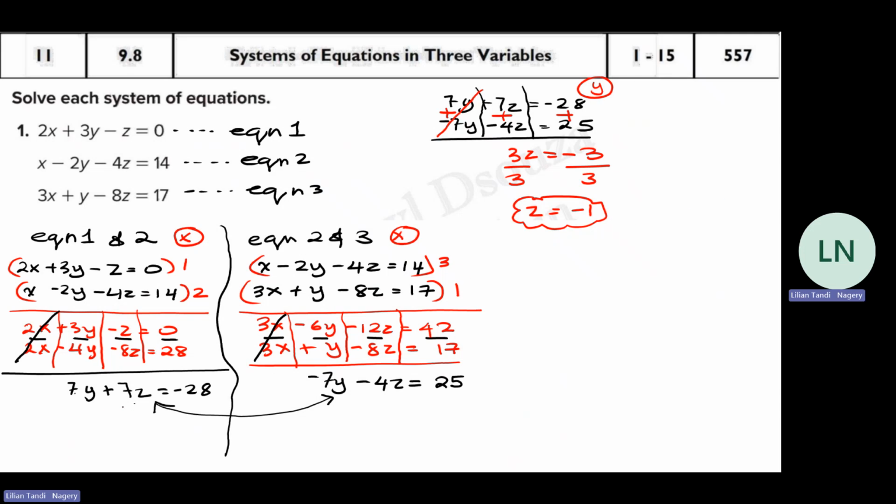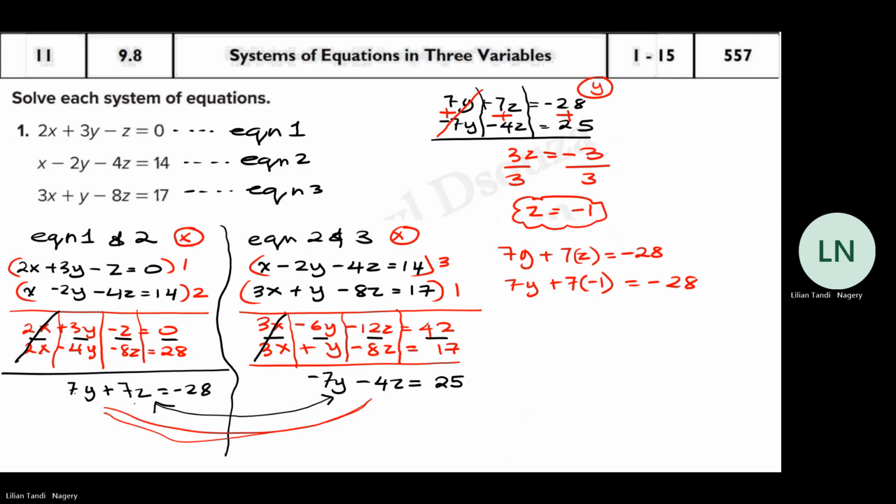And I'm going to use either one of these equations to give me y. So 7y plus 7z equals negative 28. 7y plus 7 multiplied by negative 1 equals negative 28.